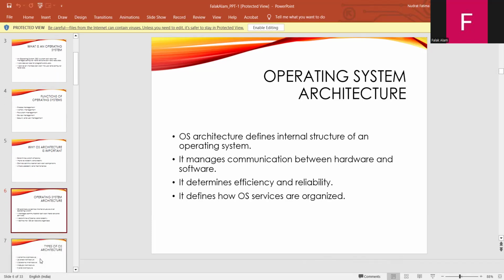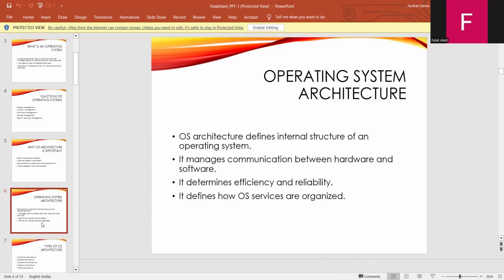Now moving on to operating system architecture. As we have discussed why it is important, let us see what it actually refers to. Operating system architecture refers to the structural design of the operating system. It defines how different components of the operating system are organized and how they communicate with each other.